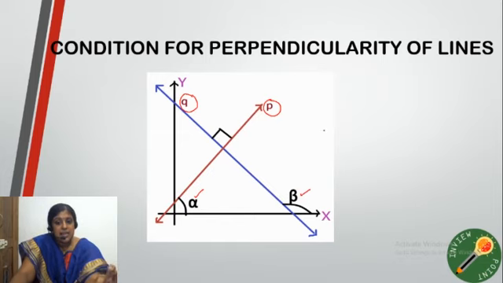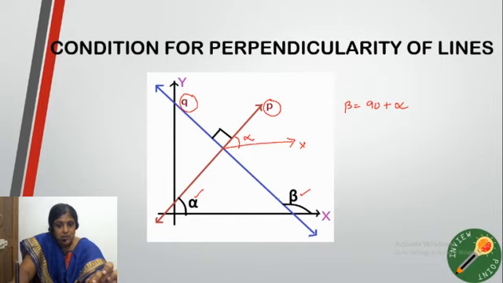Then we can say that beta is equal to 90 plus alpha. See here, students, if you draw a line parallel to the x-axis, then this is the x-axis, right? Then this angle will be alpha, right? So we can say that beta is equal to 90 plus alpha.